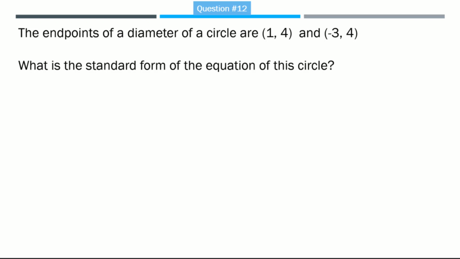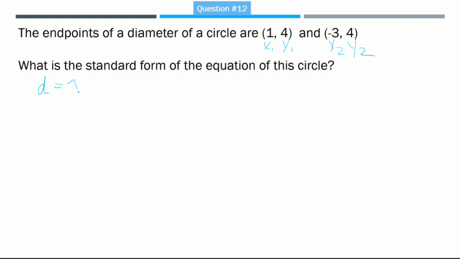The next question, we have the endpoints of a diameter of a circle. We're given that they're negative 1. I'll label that x sub 1, y sub 1. And then our next point, endpoint, we'll label x sub 2 and y sub 2. We'll use the distance formula to find the distance of that diameter.